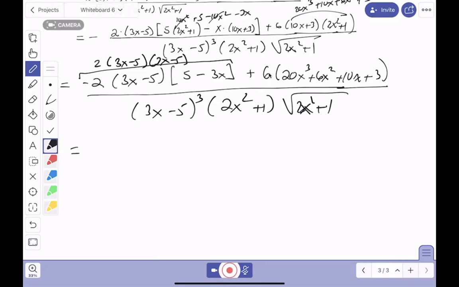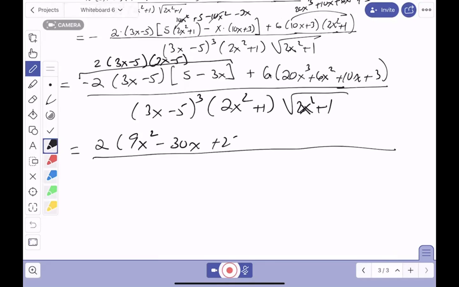Let's write that down. What are you going to get? 2 times (3x minus 5) squared, which is 9x squared minus 15x minus 15x, which is minus 30x plus 25.